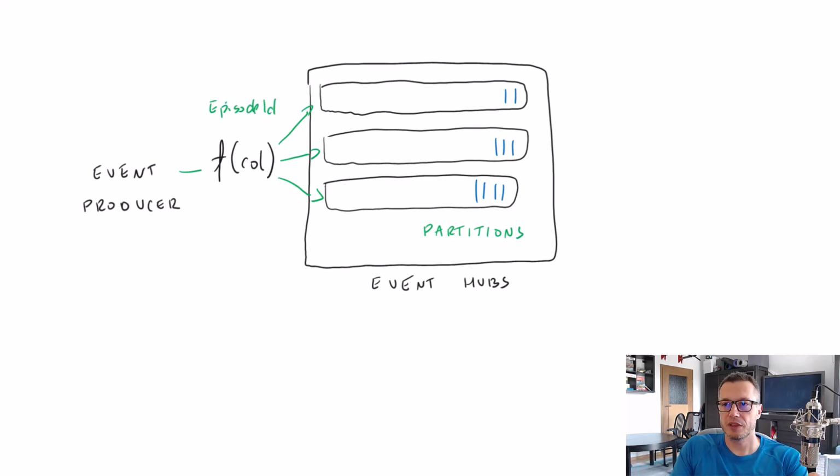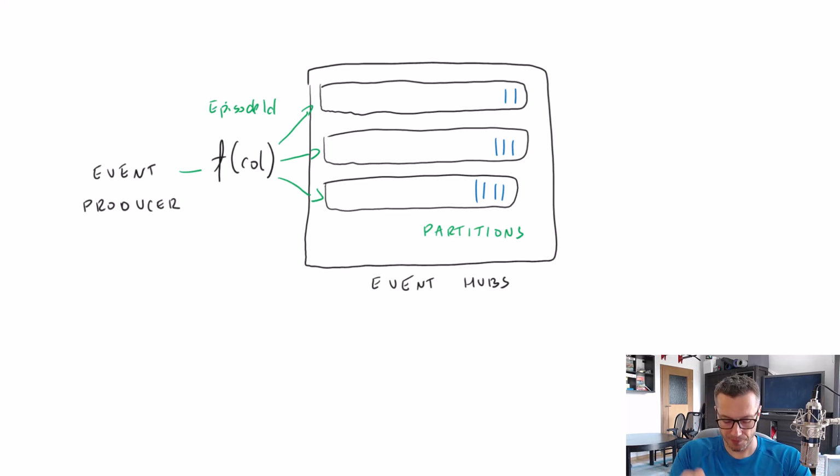So the event producer only knows that this particular column will be used for partitioning, but it doesn't know where this data will physically land, because it's none of its concerns. It's Event Hubs that does the magic.